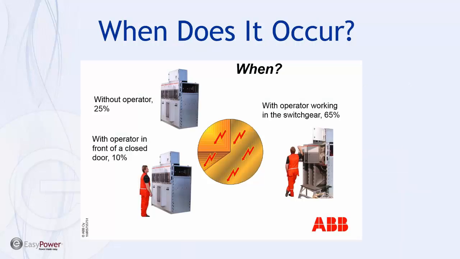When does it occur? It occurs when the operators work in the switchgear 65% of the time. So there's a vital statistic, basically a call to prioritize mitigating arc flash incidences.